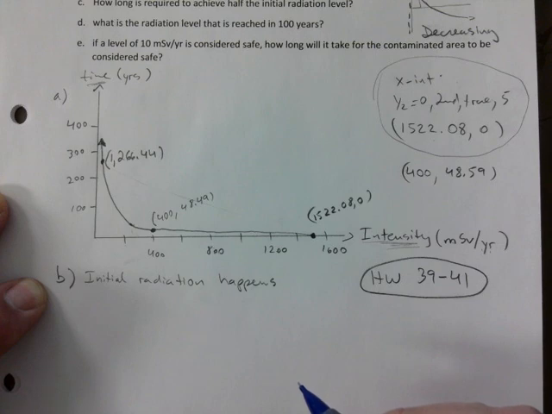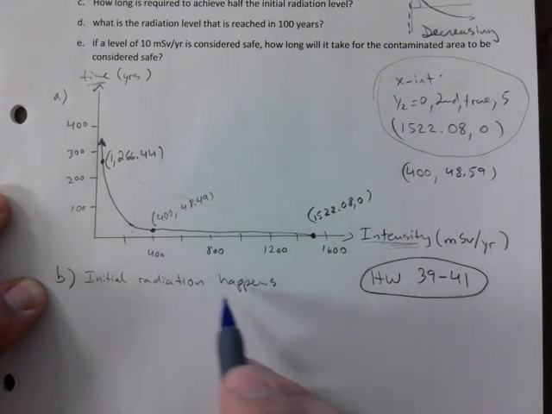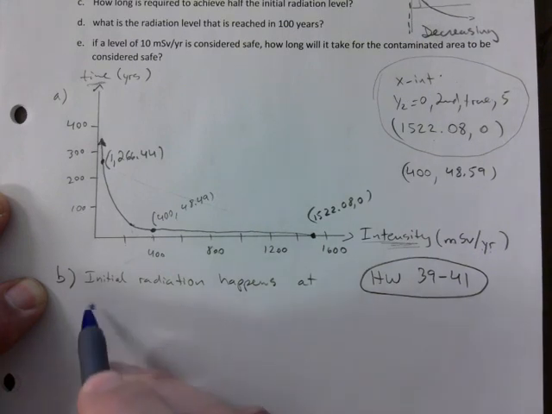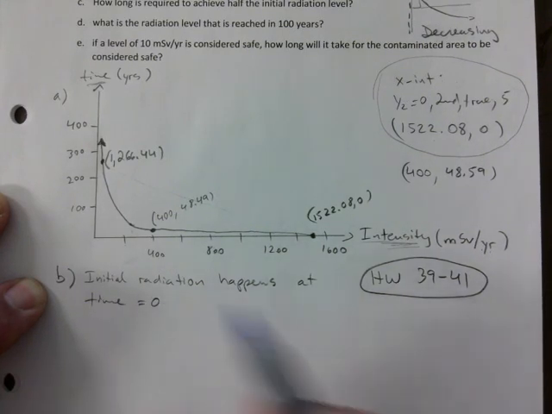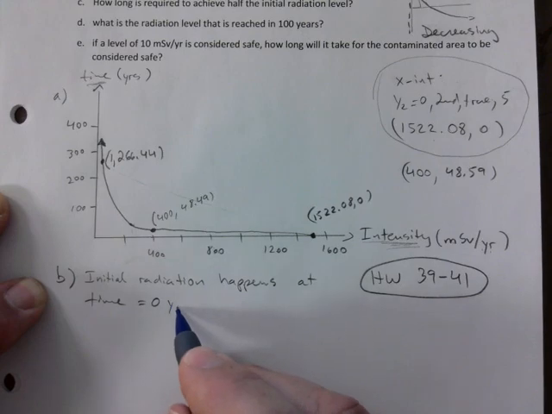What's your time at the initial, when everything starts? 0, right? Time is 0. Initial radiation happens at time equals 0. In this case, what are we? Years?